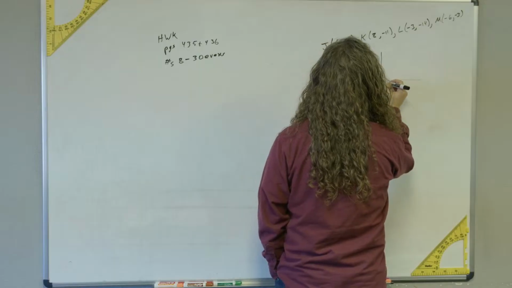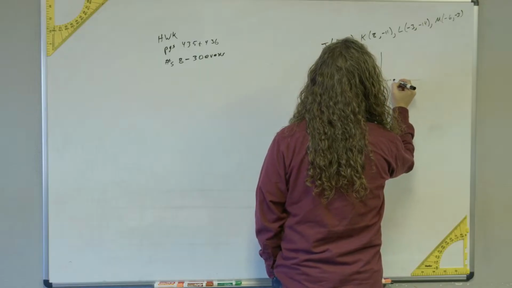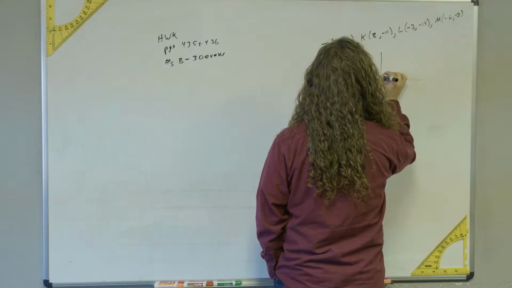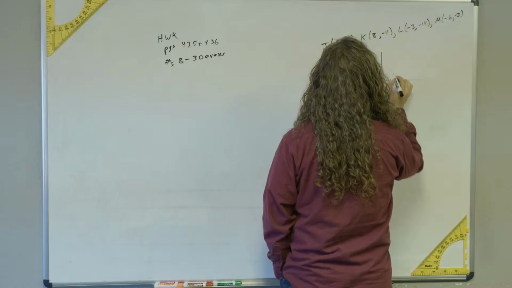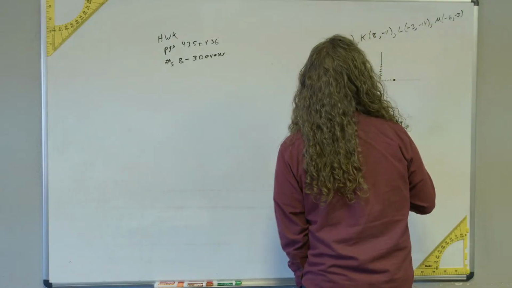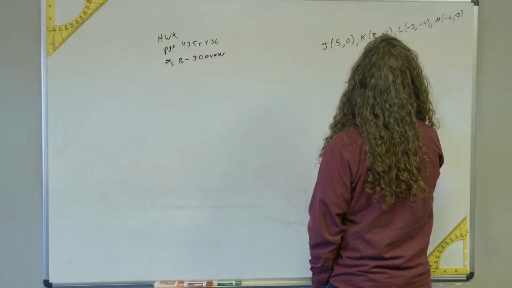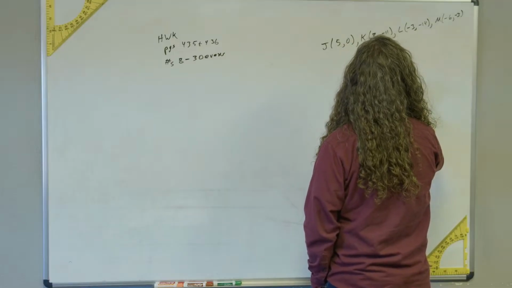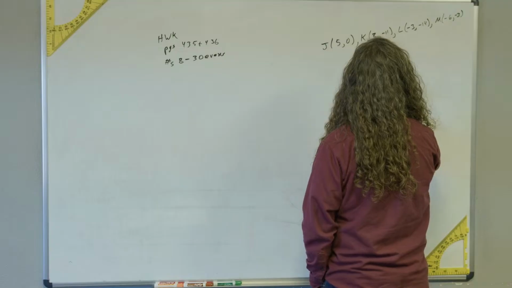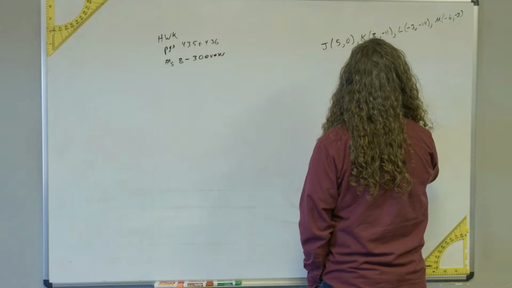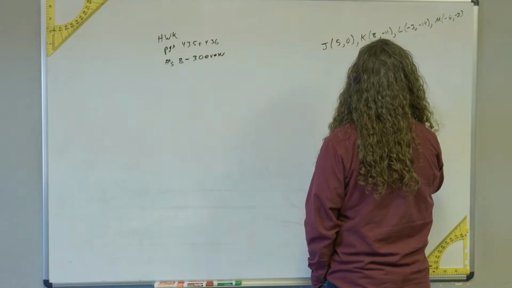So, get a little bit of a graph for this. So we're at 1, 2, 3, 4, 5, 0. We're at 1, 2, 3, 4, 5, 6, 7, 8. I don't know why I'm counting up on the y-axis. That doesn't make any sense. Negative 1, 2, 3, 4, 5, 6, 7, 8, 9, 10, 11.